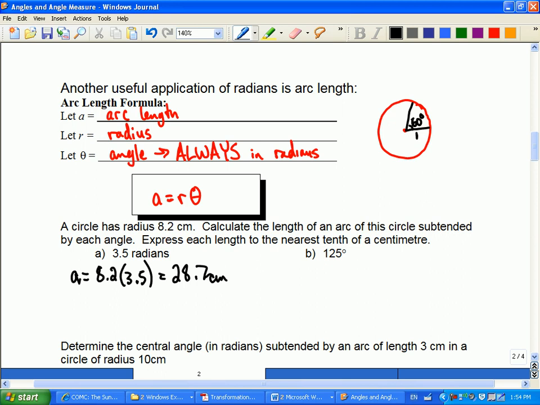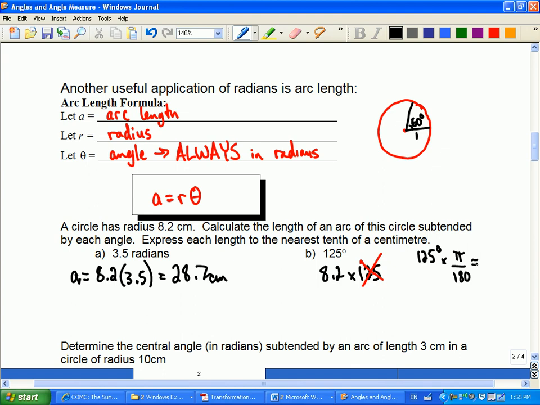And if I told you it had 125 degrees when it made its arc, you just have to be careful because there's this temptation. This tablet is not cooperating right now. 8.2. There's this temptation to do that, but you're not talking about arc length because you're not in radians. So what we want to do is take 125 degrees, put it into radians. That way when we do our conversion, we'll know what the arc length is.